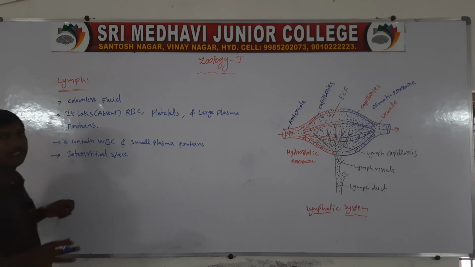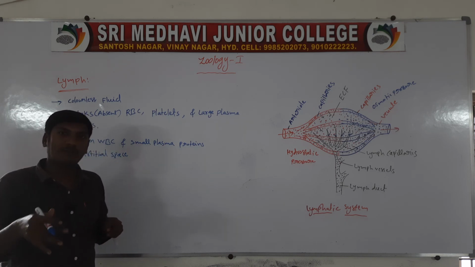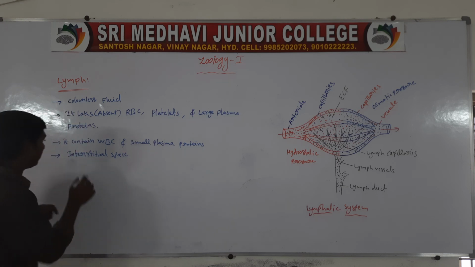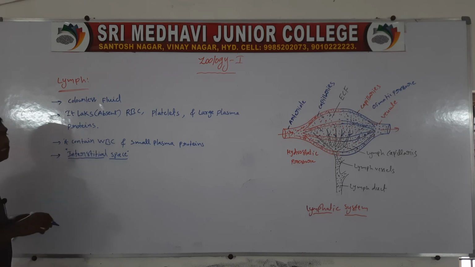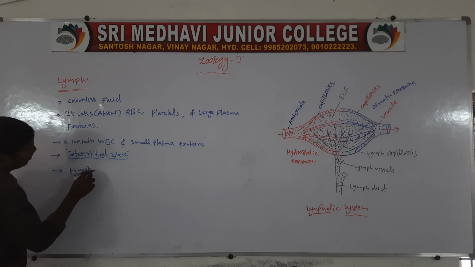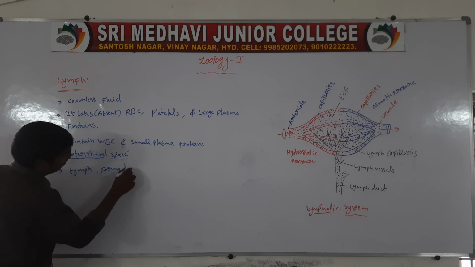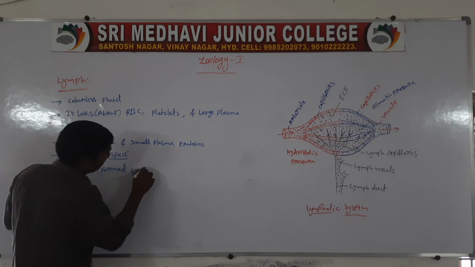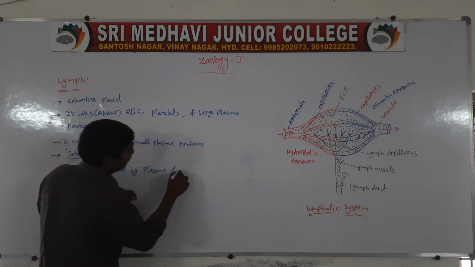It is formed in the location of the interstitial space. Next, lymph is formed by plasma and lymphocytes.